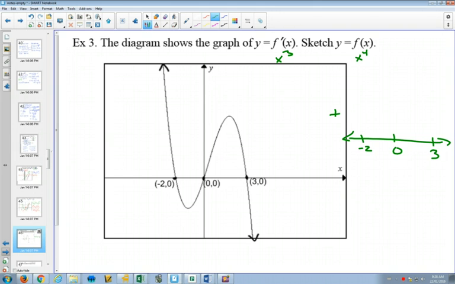So that tells us that our original graph has to be increasing. Between -2 and 0, our derivative is negative. That means our original graph would have to be decreasing between those points. Between 0 and 3, we have positive again, increasing, then negative again after 3.